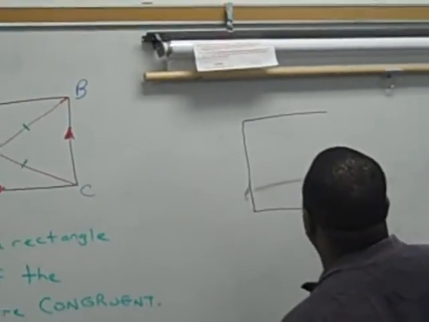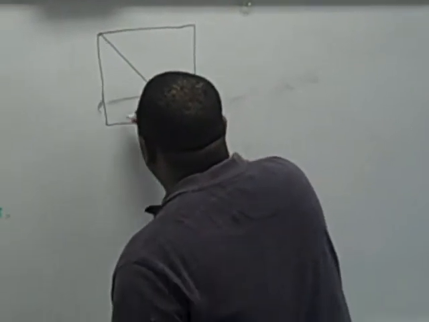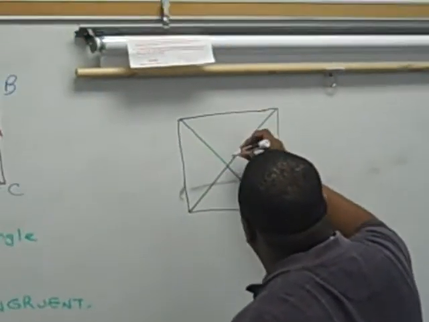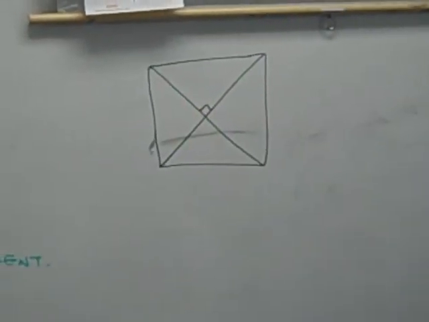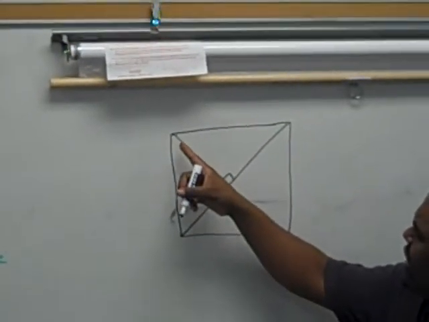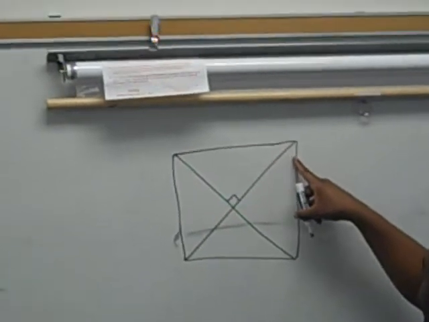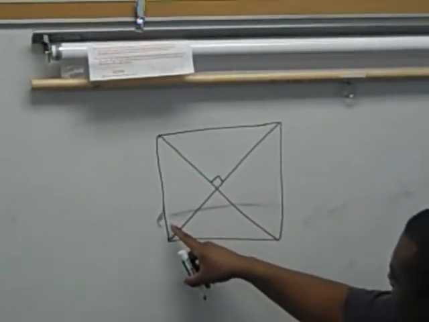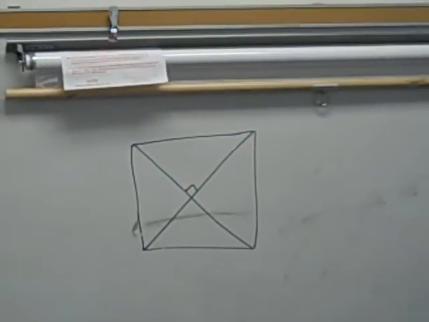then the diagonals will have to meet at a right angle. And we already know that this angle here, this angle here, this angle here, and this angle here are all 90 degrees. So we know that those angles are already equal.